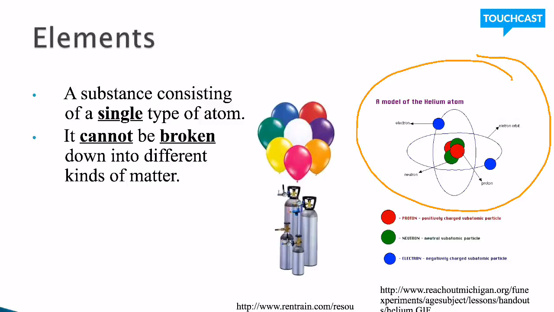You cannot break down this atom of helium and turn it into an atom of hydrogen or add to it or anything. You cannot break this down. An atom of helium will always be an atom of helium. And since it is an atom of helium, altogether it makes one specific element, which is helium.